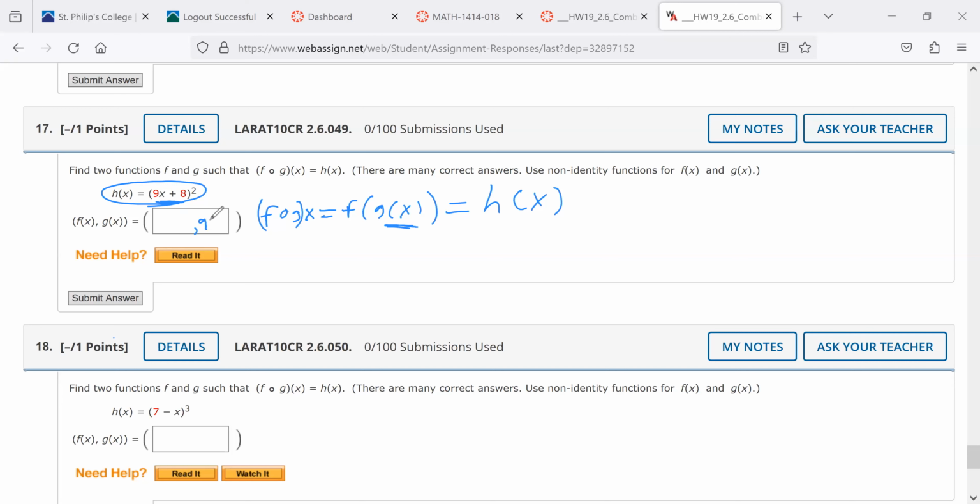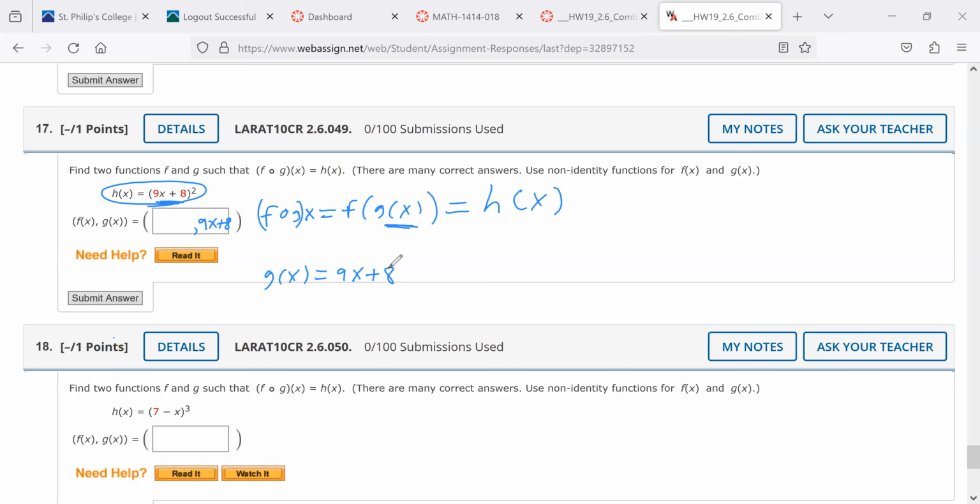And what are we doing to that 9x plus 8? Squaring it.